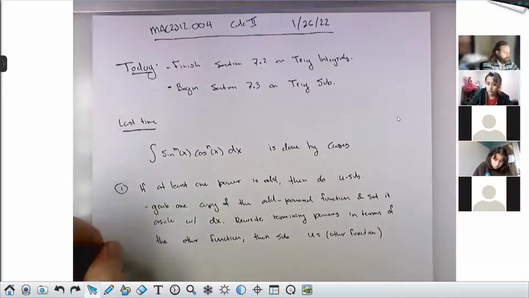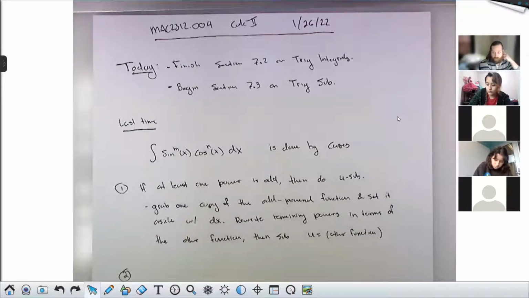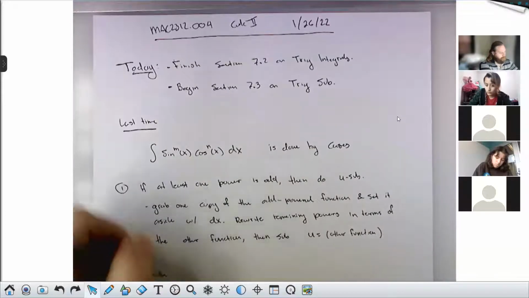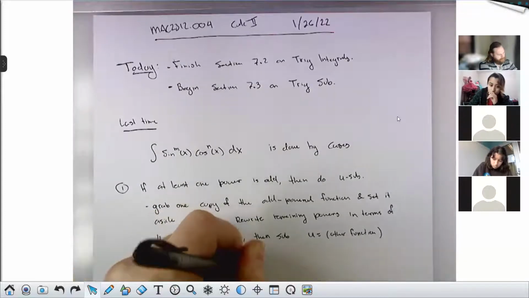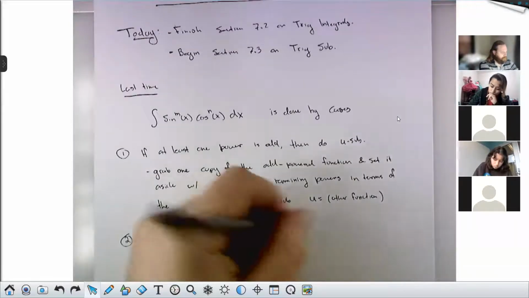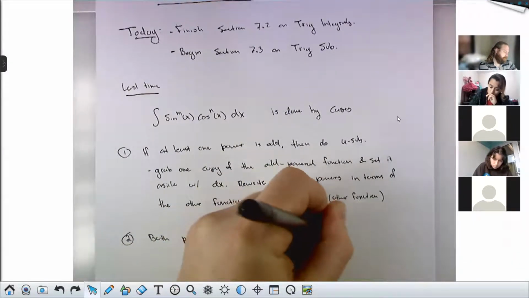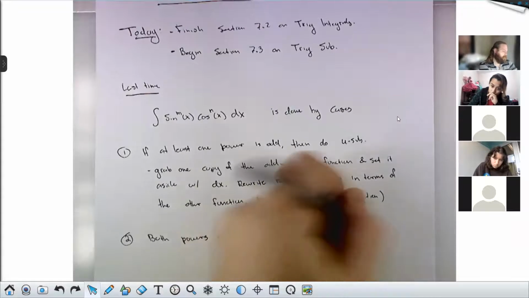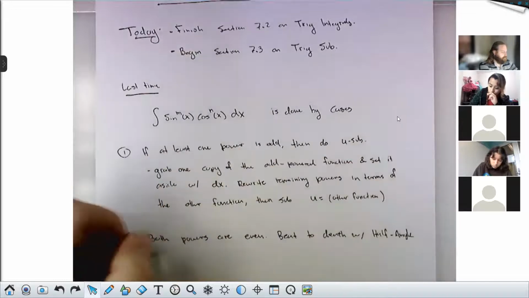The other case that we need to consider is if it's not the case that at least one of the powers is odd, that means both of the powers are even. In this case, we just beat the thing to death with half angle identities.